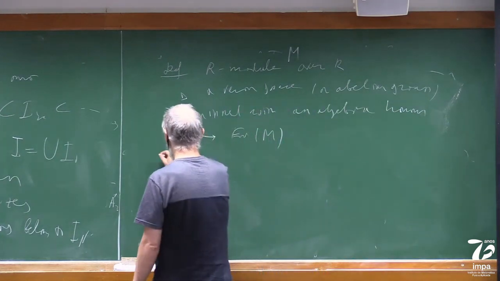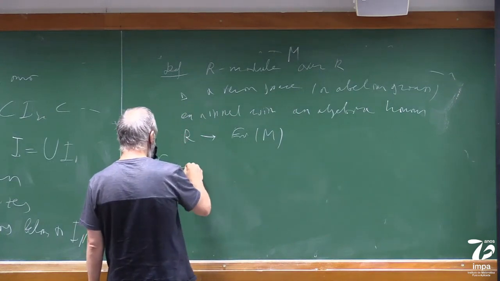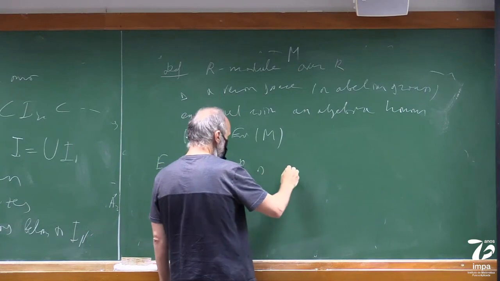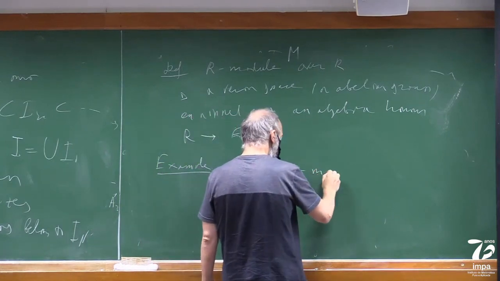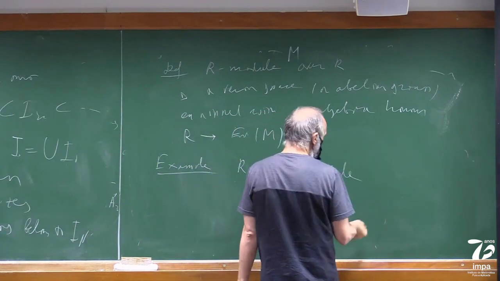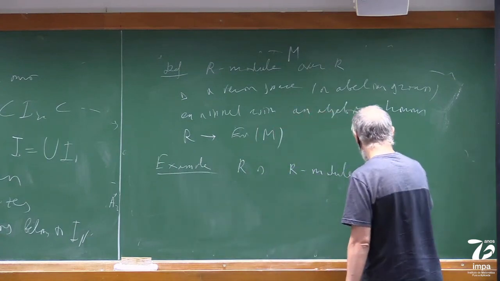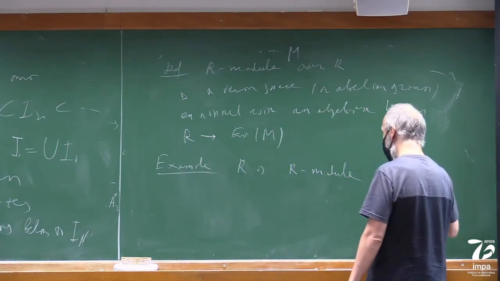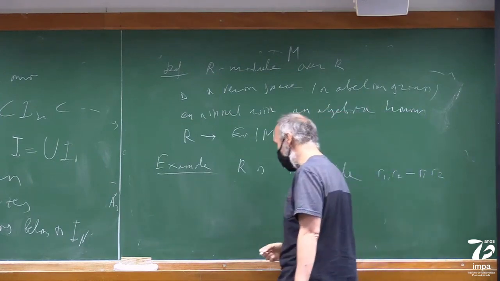Okay, example. R is an R module. By trivial reasons, you have r1, r2 goes to r1 r2. This is your multiplication by elements of the ring.